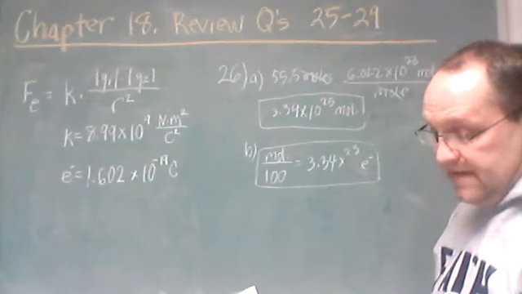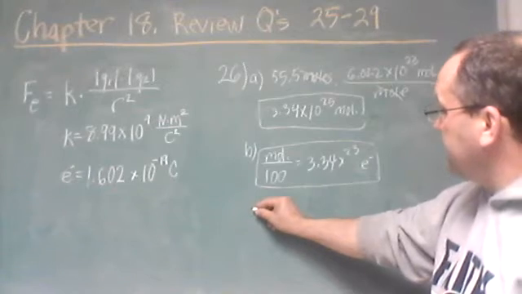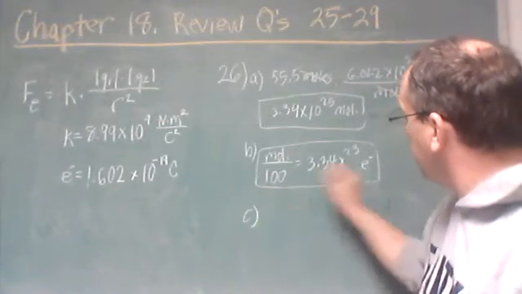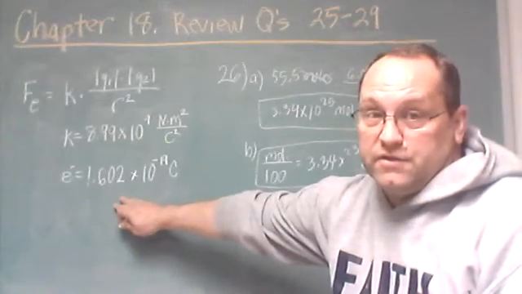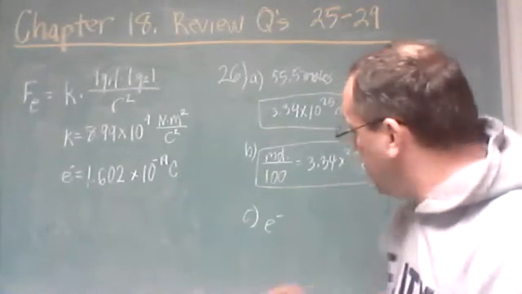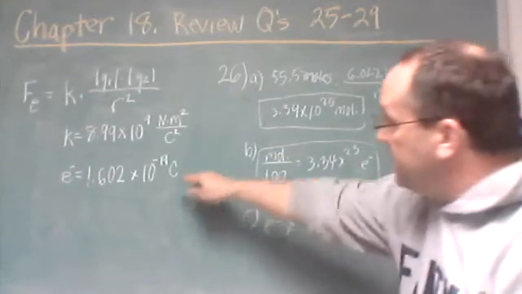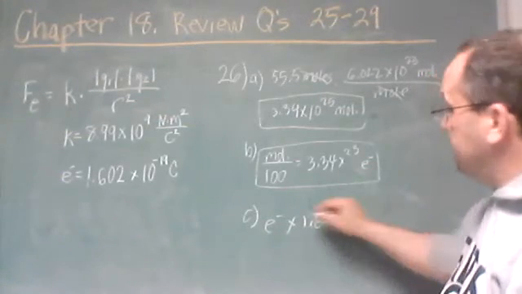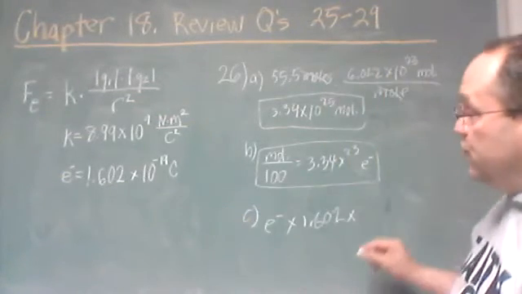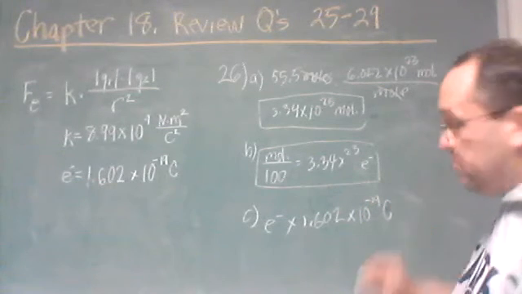Part C, what is the charge on the electrons? We're going to take that number of electrons and multiply it by the charge on 1 electron, our fundamental charge, 1.602 times 10 to the minus 19th coulombs.